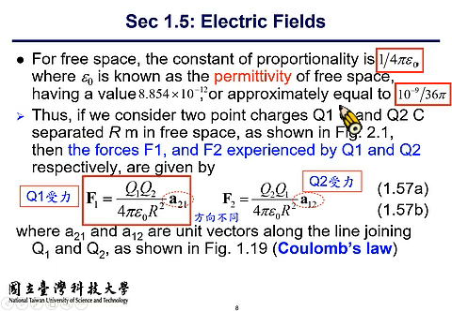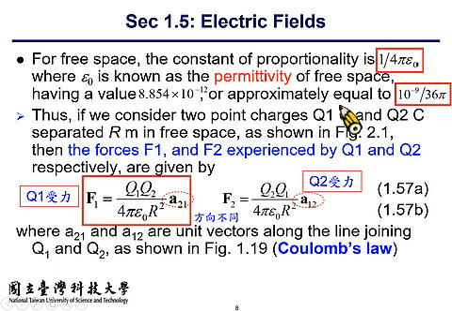This is a force resulting from the presence of electrical charge Q2 exerted on electric charge Q1. On the other hand, there will be another force exerted from Q1 onto Q2. So F2 has the direction of A12, which means it's from point 1 to point 2.